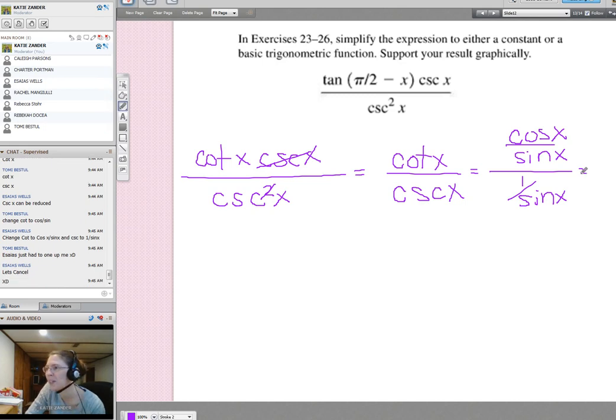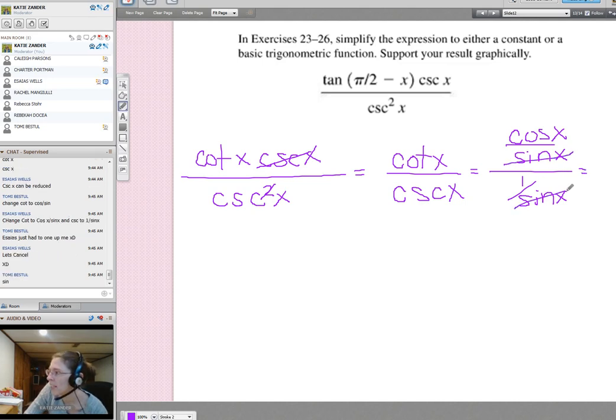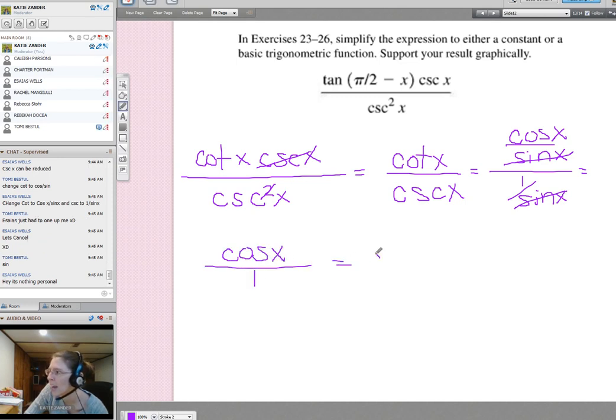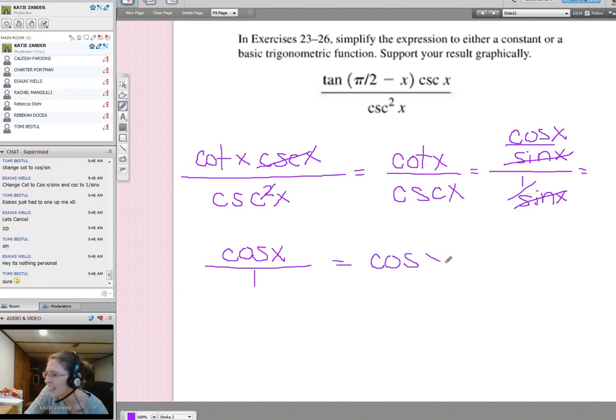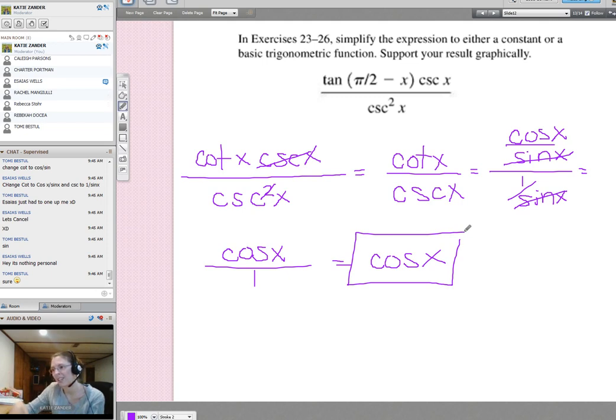What are we going to cancel? The sine of x. Yep, they have the same denominator, so those can cancel. Cosine x over 1 is just a cosine x. Yay! Can't get much simpler than a cosine x, so we're going to call it good and stop there.